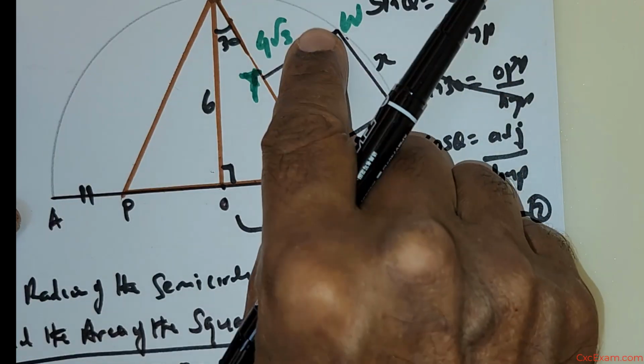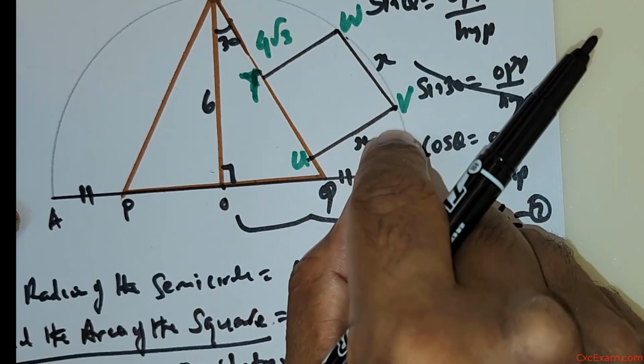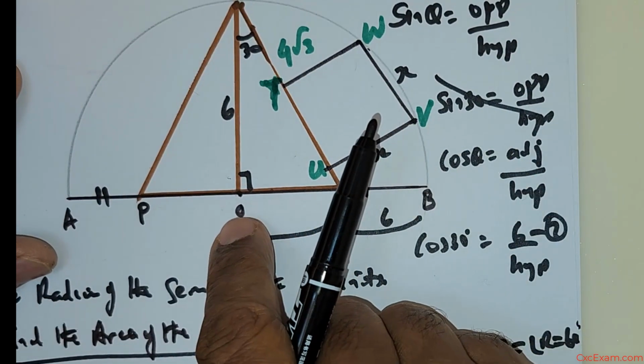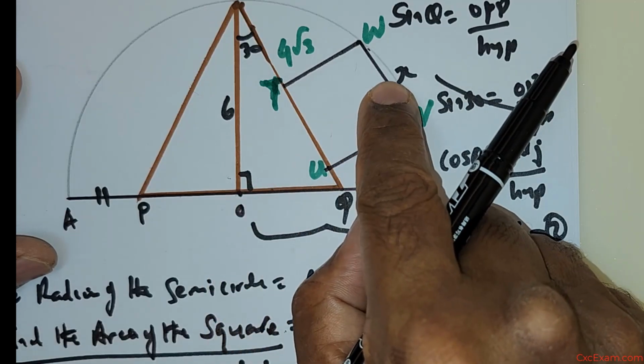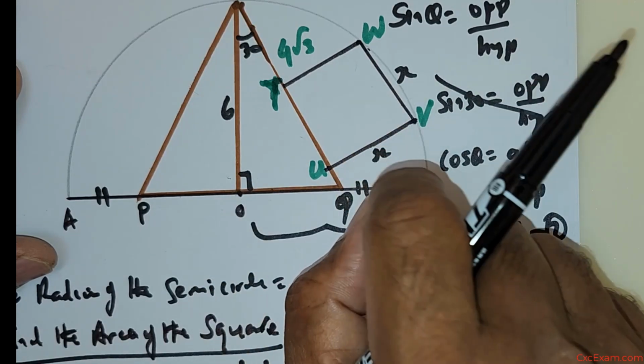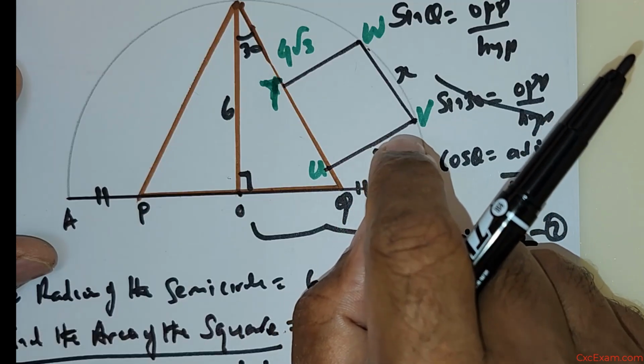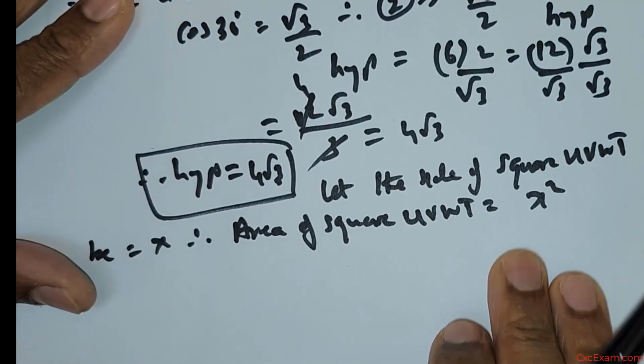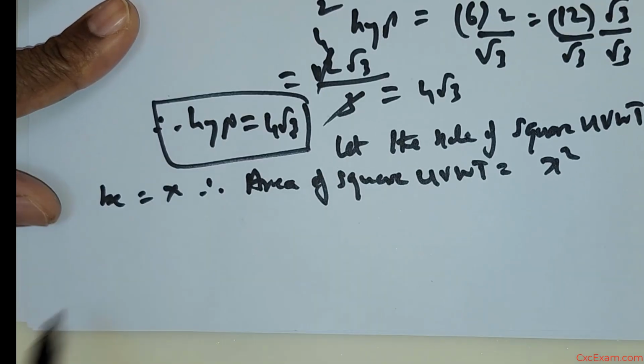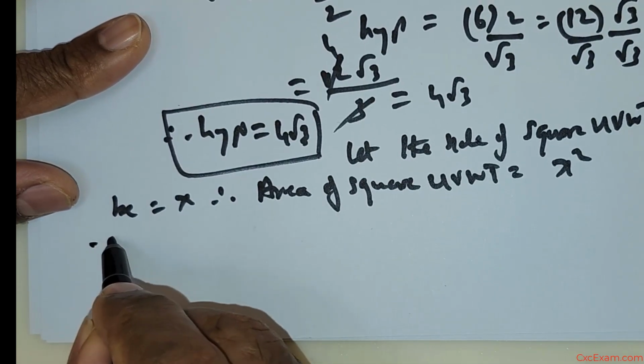Now we see that WV or VW is a chord. Now from the center I can draw a line that will bisect the chord. Okay, so I'm going to write that as the next point of action.